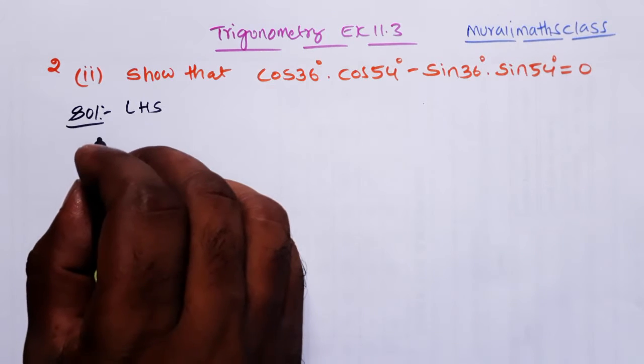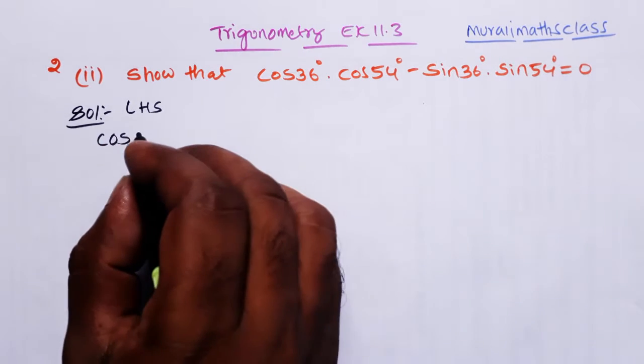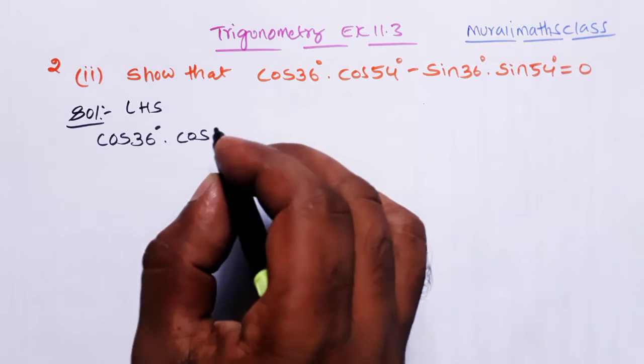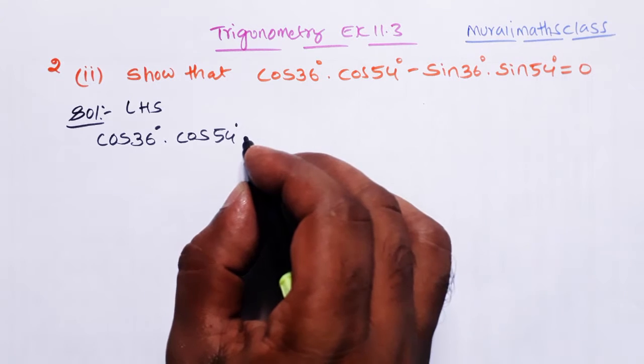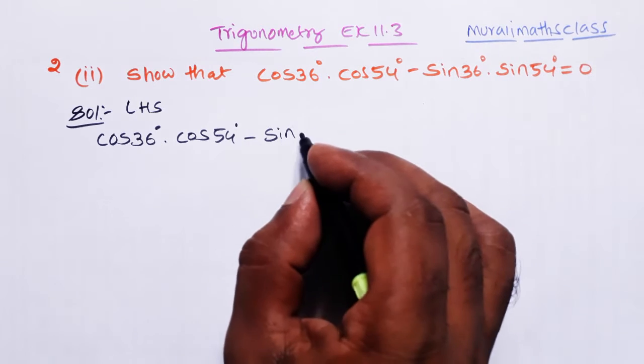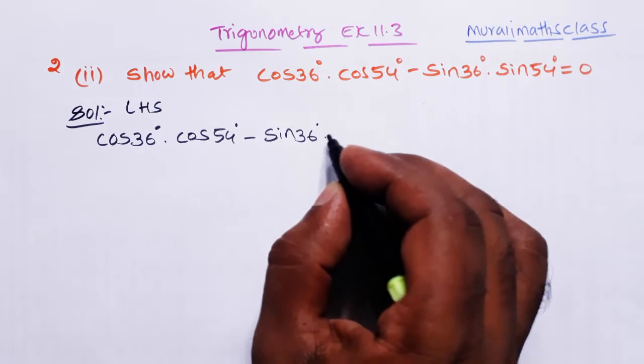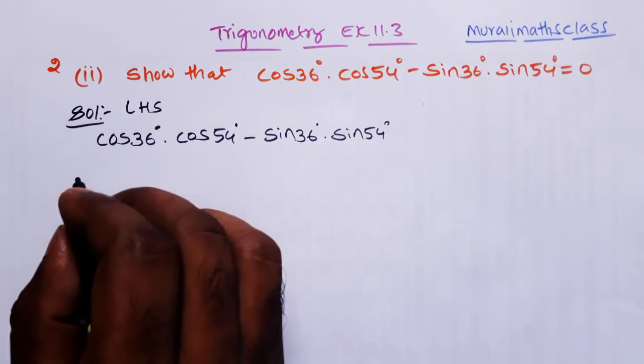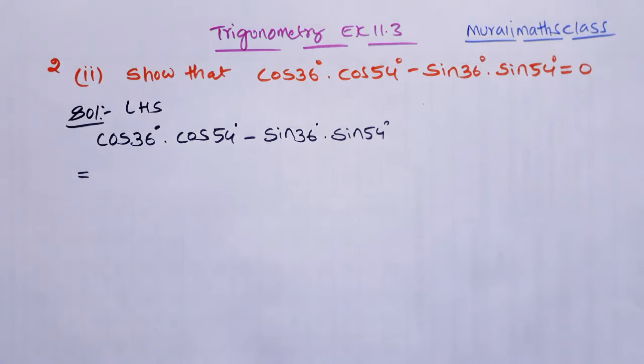They gave it like this: cos 36 degrees into cos 54 degrees minus sin 36 degrees into sin 54 degrees. This is the given LHS. Now we have to simplify this.